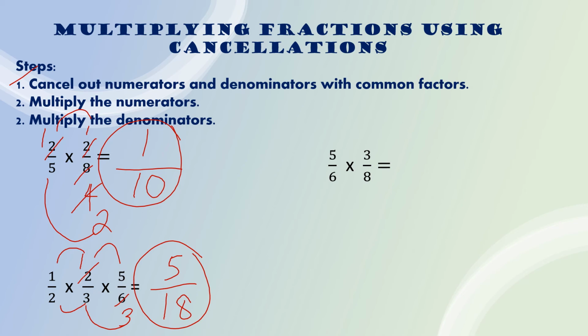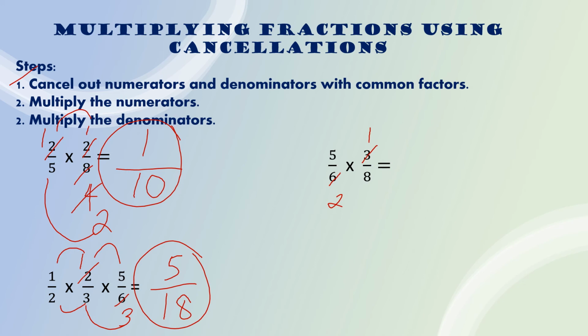Okay, let's have 5/6 times 3/8. I can see that we can cancel out 3 and 6. Both of them are divisible by 3. So 3 divided by 3 is 1. 6 divided by 3 is 2. Okay, so can we cancel 5 and 8 or 5 and 2?